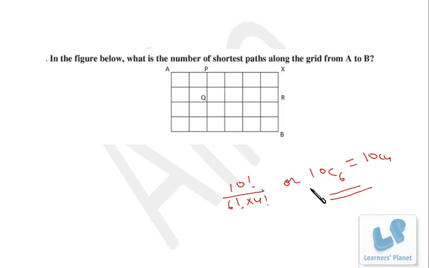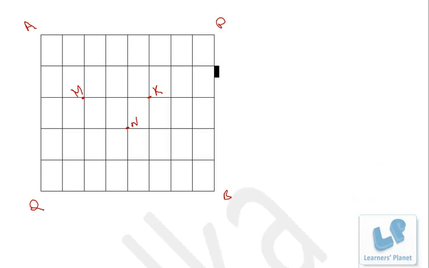Okay, now let's bring some variation into this sort of problems. Now here we are having a grid with us, A, P, B, Q, and some points M, K, N are there. Various routes we have to find out in this question. So let's take the simplest one. How many shortest routes will be there from A to B?